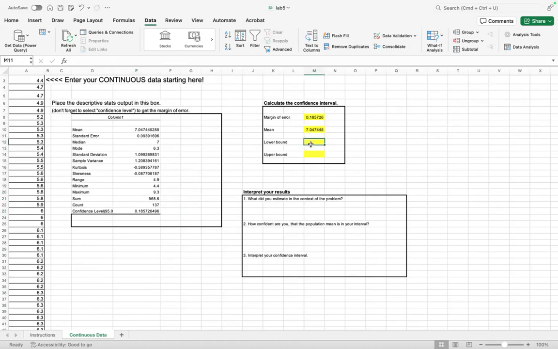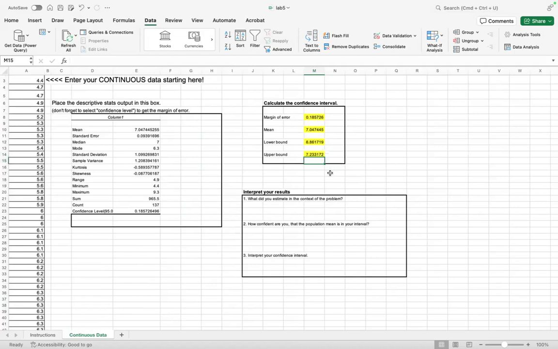Then for lower bound, I'm going to take the mean and subtract the margin of error: equals this minus this, enter, and it gives me my lower bound. For my upper bound, I'm going to take the mean and add the margin of error. So equals mean plus this one right here and hit enter. That gives me my confidence interval.